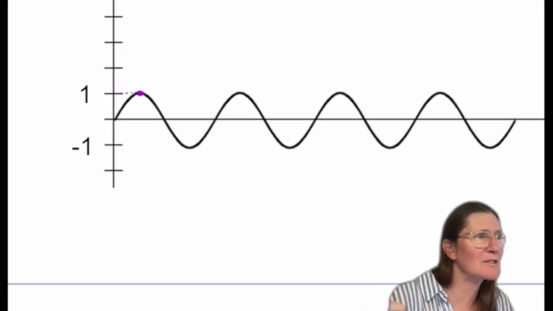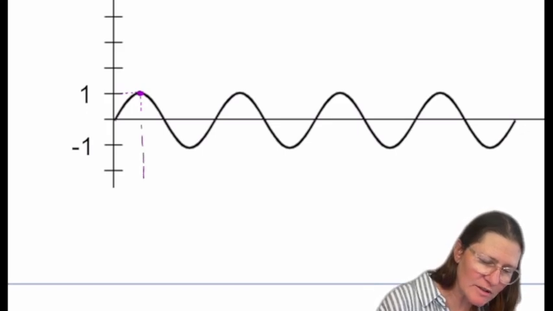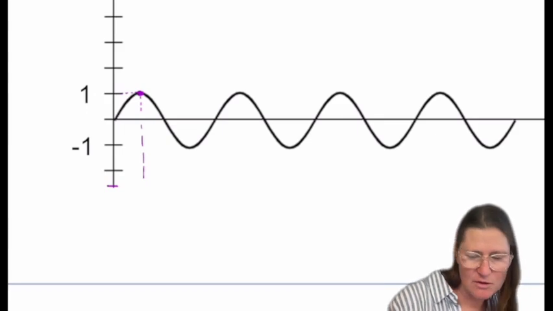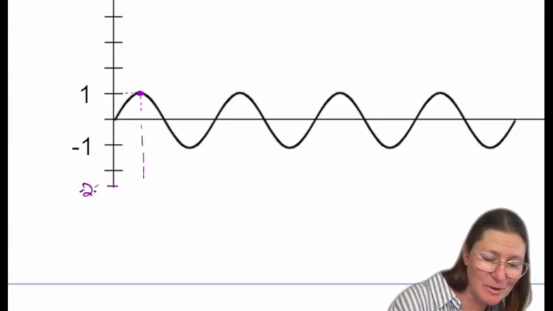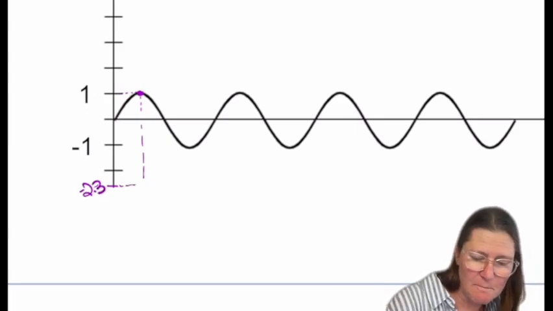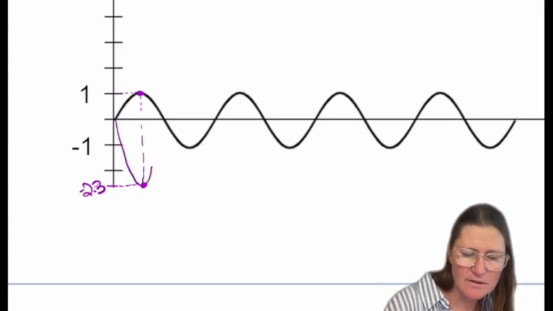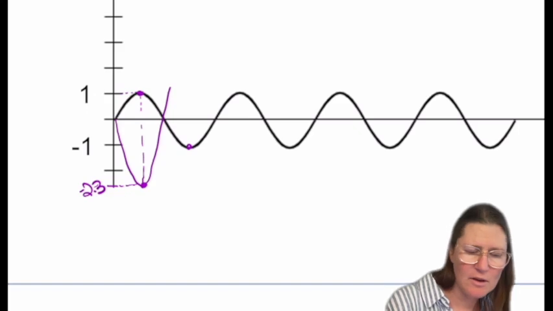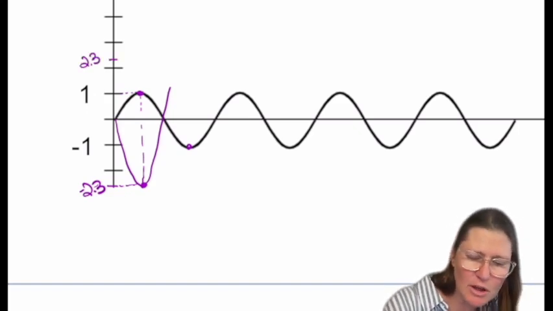I think I heard somebody say that. So when it's +1 here, it's going to go down to, I'll say this is negative 2.3, to this value here. And then it's going to follow as it goes down. And then when it's negative, it's going to go up by 2.3. So it's going to look like this.